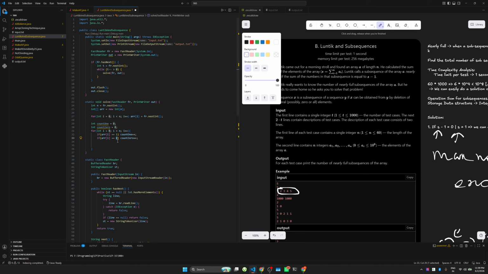So that gives us the total. Let's say we have this, right? So long total will be count1 into Math.pow. Okay, it takes a double.